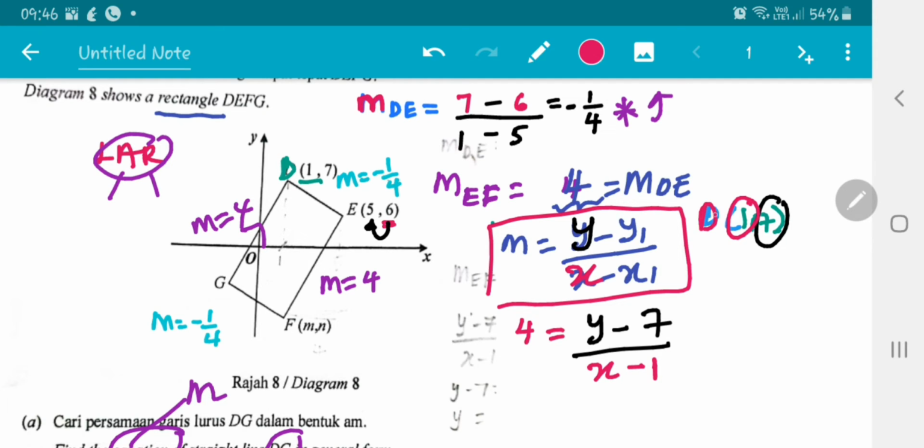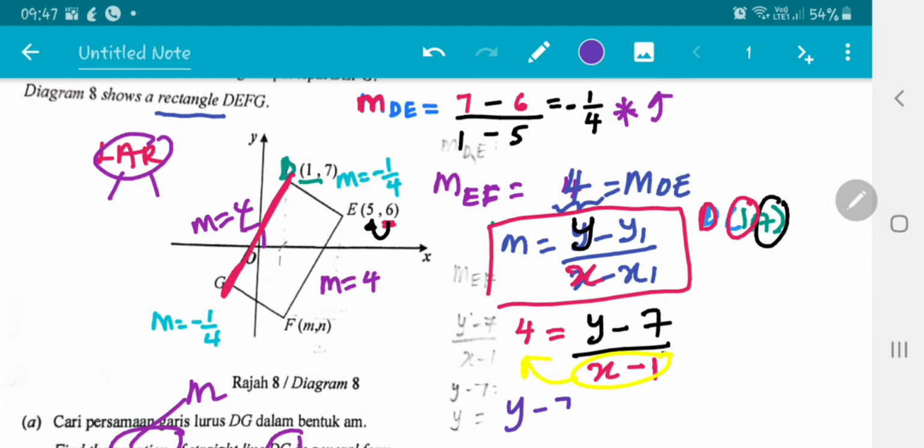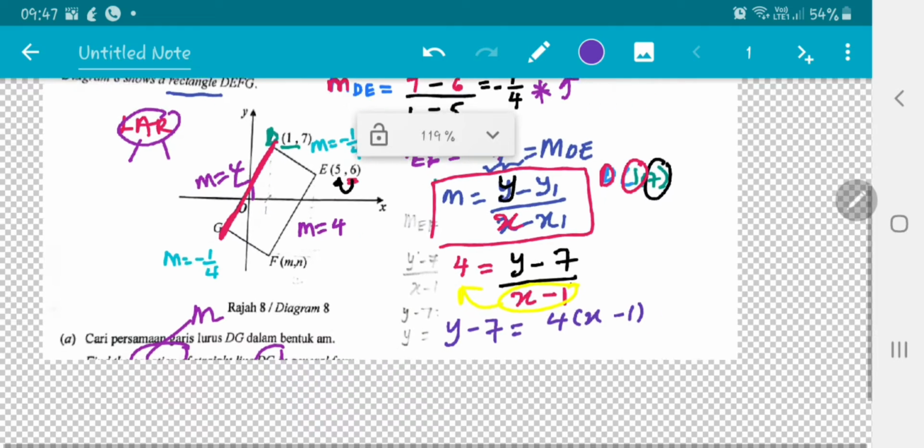Because the point D lies on the line DG, right? Okay, so you simplify ni. Okay, Y minus 7 equals to 4 times X minus 1.